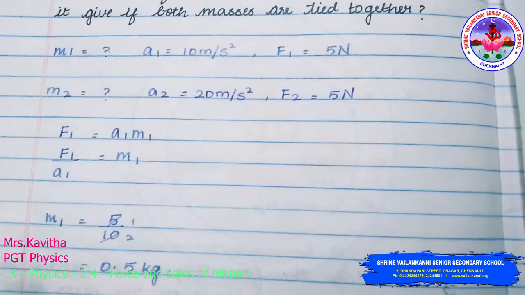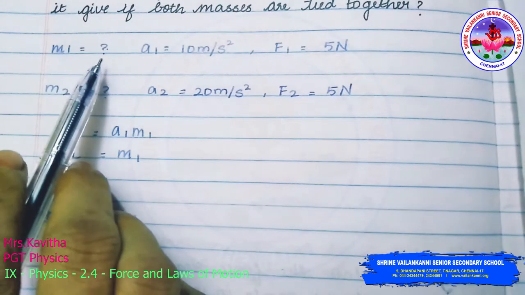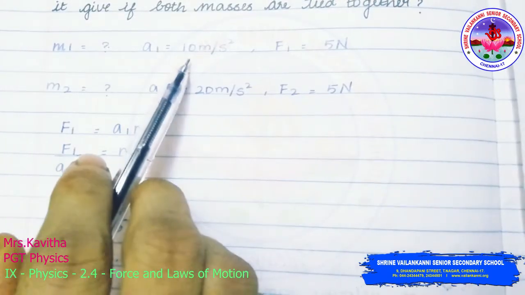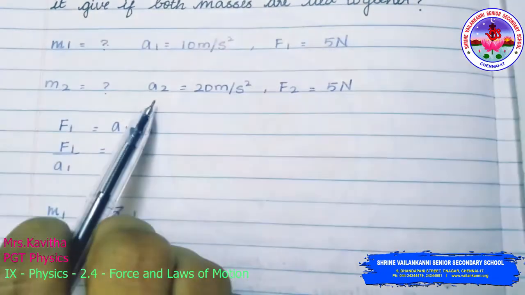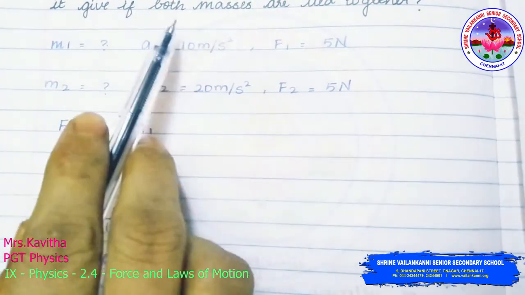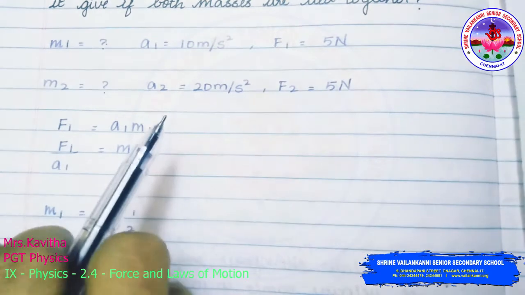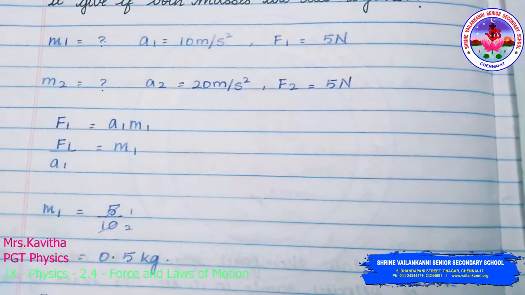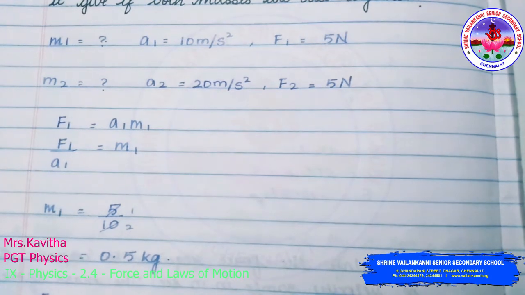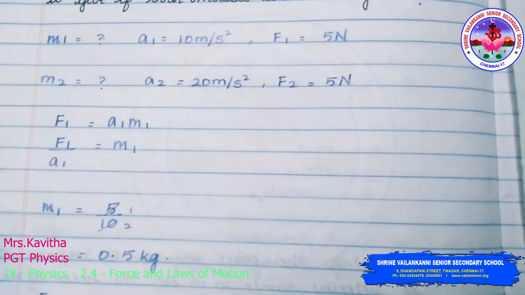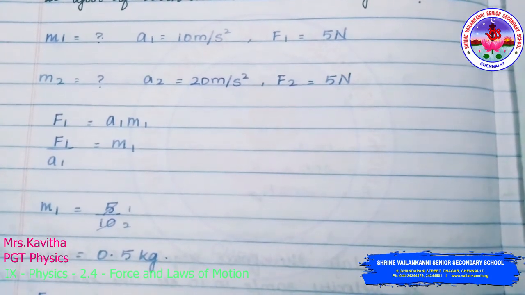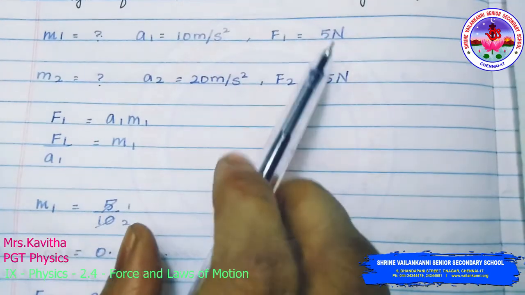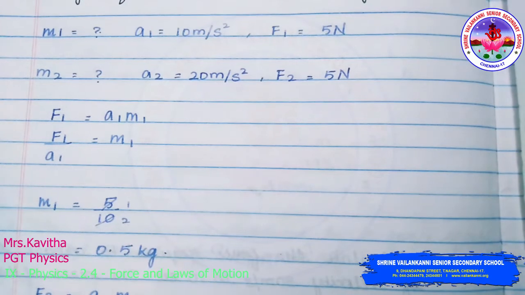So m1 which is equal to what they asked, m2 which is equal to what? The acceleration 1 they have given 10 meter per second square, and acceleration 2 20 meter per second square they have given, and F1 and F2 both we have to take. The force of 5 Newton gives the mass of M1. So for both they have given the 5 Newton force. So F1 and F2 which is 5 Newton. We have taken here.